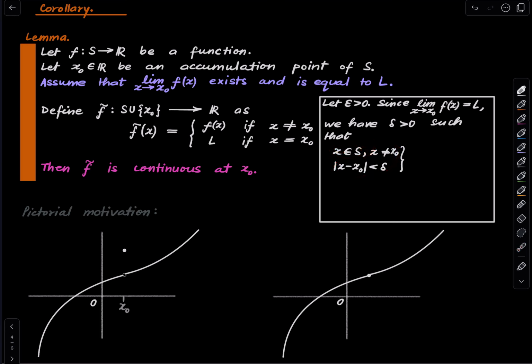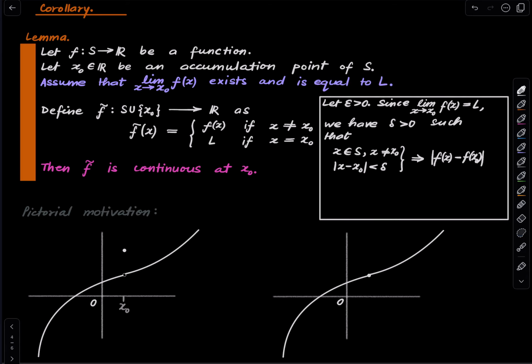Then we have that these two things, f of x and L, are not very far apart. They are epsilon apart at most. We have that. But note that I can just put a tilde here.